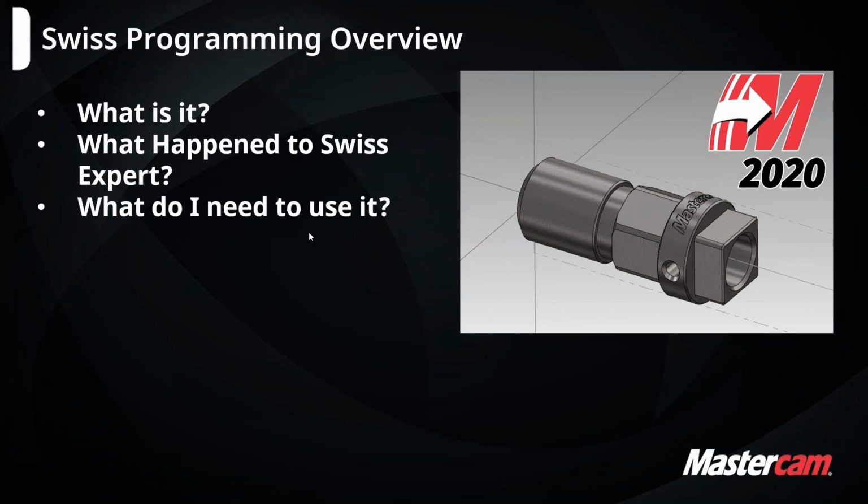So what do I need to use it? You need at least a Mastercam lathe with a base mill seat at a minimum. Just due to the amount of live tooling capability of any Swiss CNC, you need more than just the lathe product. So if you have lathe and mill 3D, that's fine too, but you at least need both.